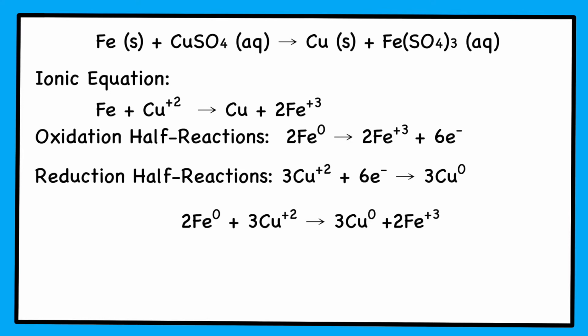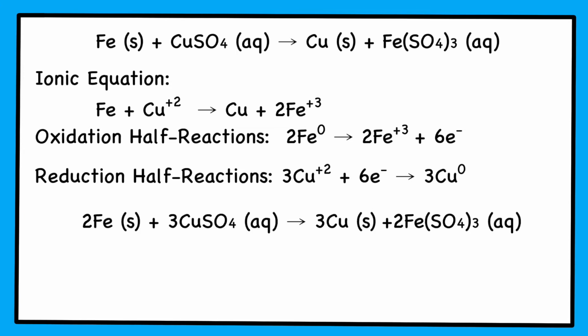This would give me 2 Fe plus 3 Cu2+ yields 3 Cu plus 2 Fe3+. Our final step is to add our spectator ions and finish balancing out the equation. It should read 2 Fe solid plus 3 CuSO4 aqueous yields 3 Cu plus Fe2(SO4)3 aqueous.